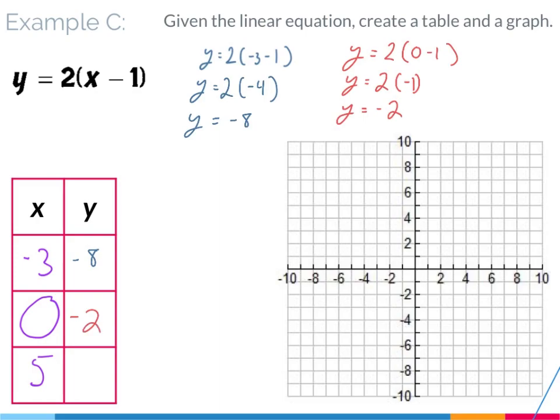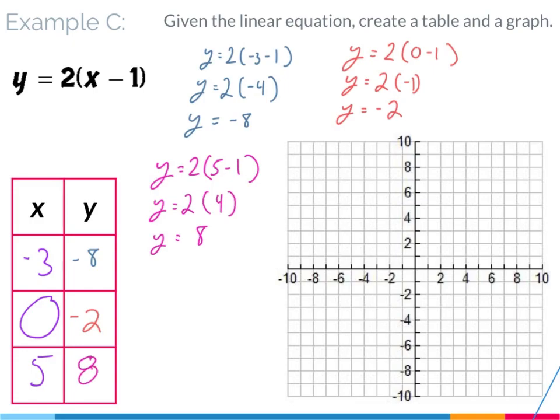Finally, I have to substitute in my 5. I've got y equals 2, open parentheses 5, then I'm going to bring over my minus symbol, -1, close parentheses. 5 minus 1 is 4, because again, we're following our order of operations. 2 times 4 is then 8, so we end up with y equals 8.